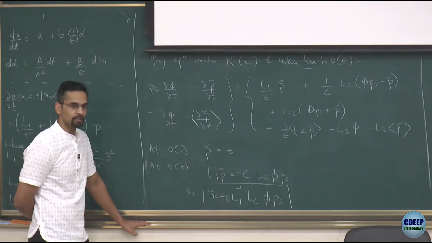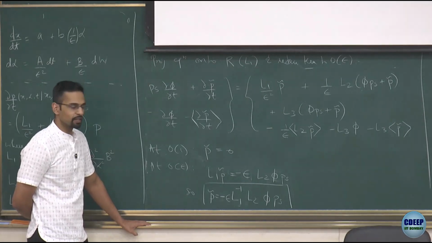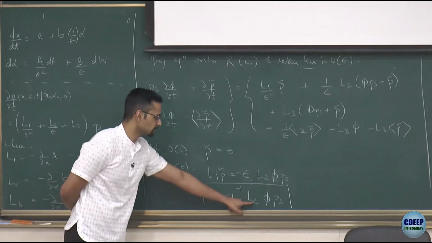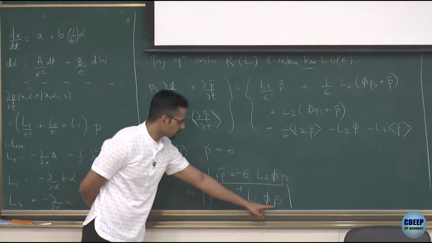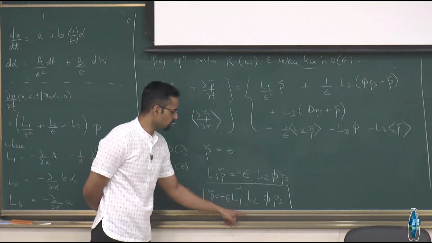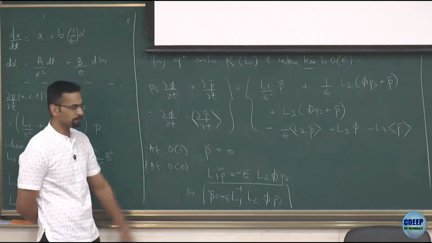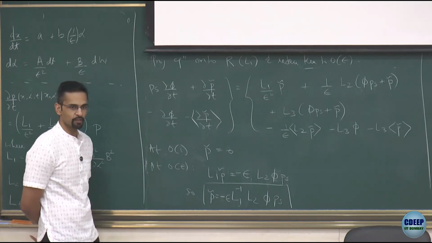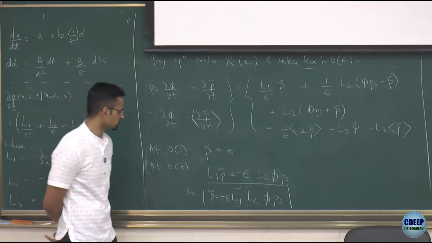L2 is an operator involving derivative of x but also alpha, so I cannot interchange these two because this has alpha, and PS also has alpha. And phi I cannot remove out because x is acting on it. So this is the simplest form I can write it. But now we'll proceed further to see how we can get an expression for this.